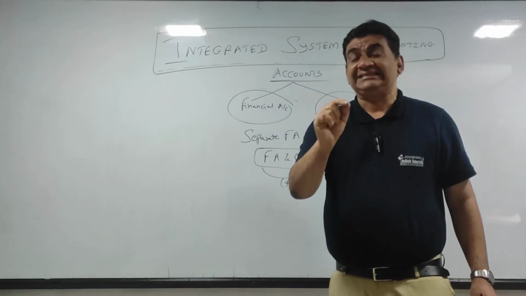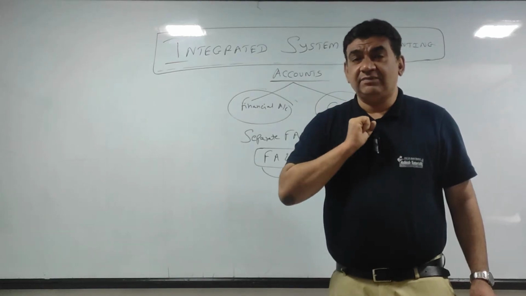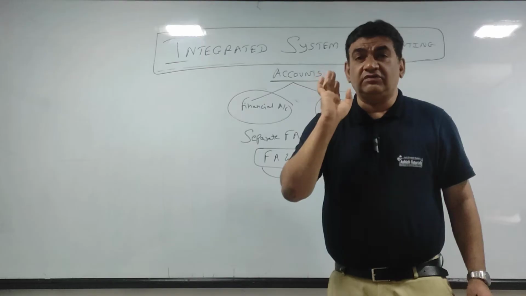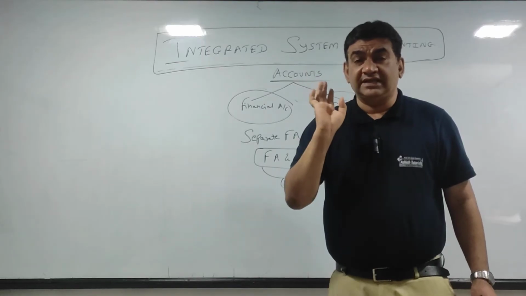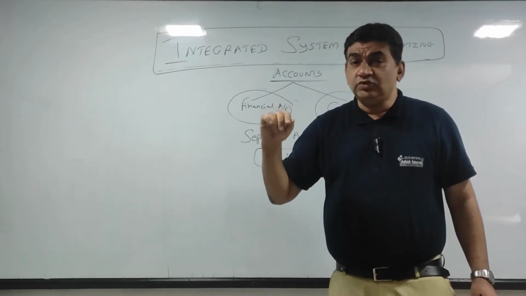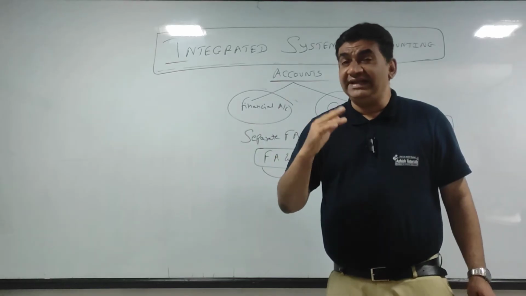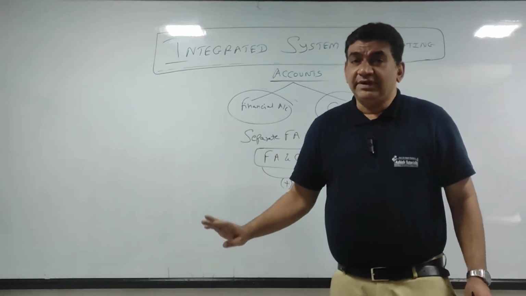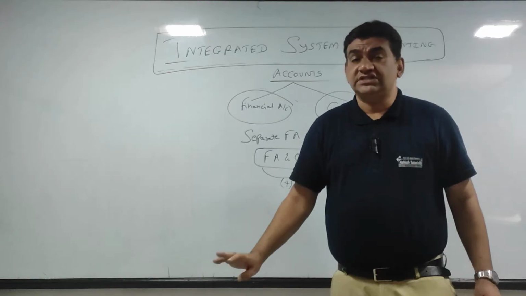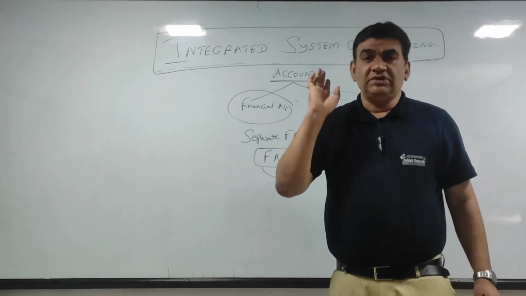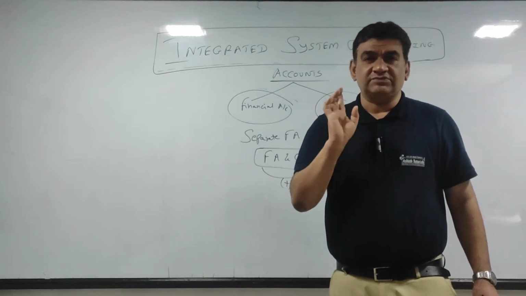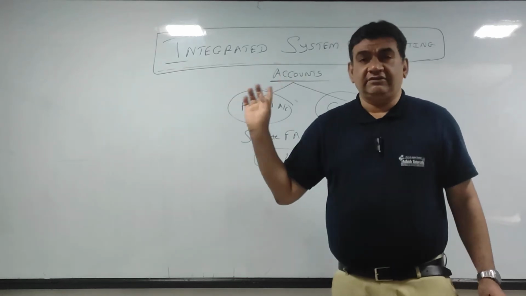But why do I do it this way? I say with confidence, 100% of you, not even a single exception, after I complete the first chapter and come to the second chapter, when I am midway or towards the start of it, you will say, sir, you did a very smart thing by doing integrated first.